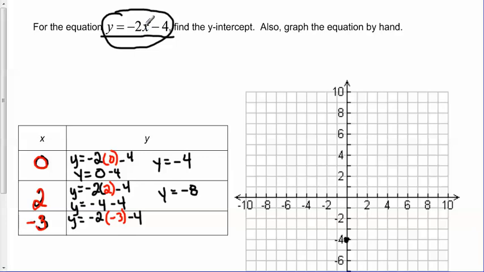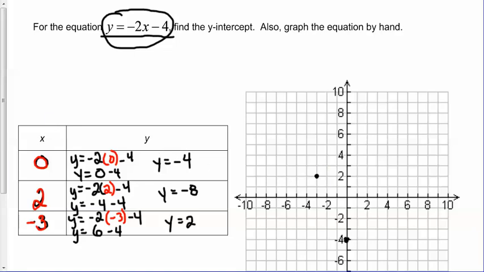So I put that in here, but everything else in the equation is still the same. So y equals negative 2 times negative 3. It's going to give me positive 6 minus 4. So in this case, y equals 2. So when x is negative 3, y is going to equal 2. So I can plot that point right there.